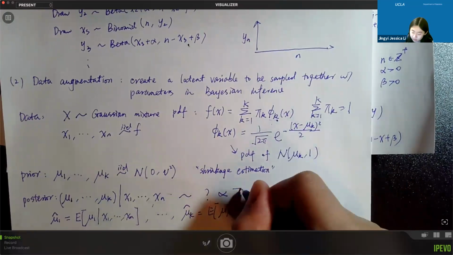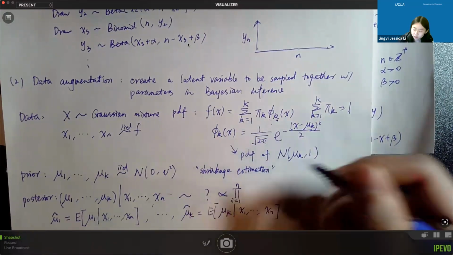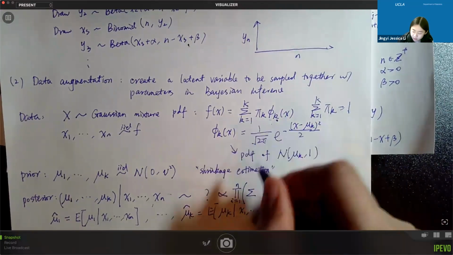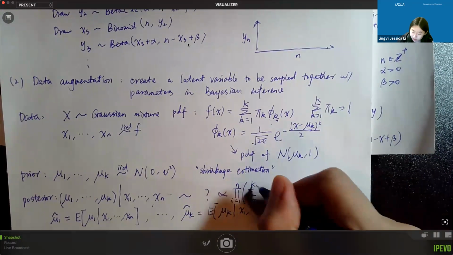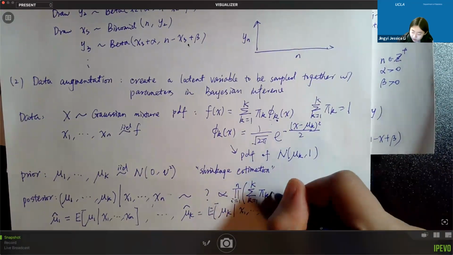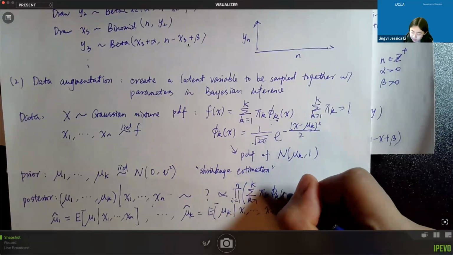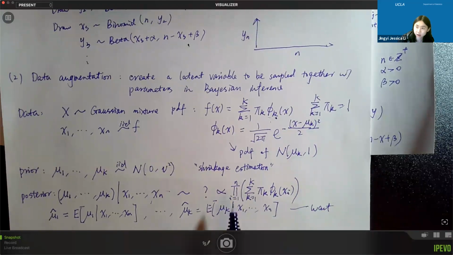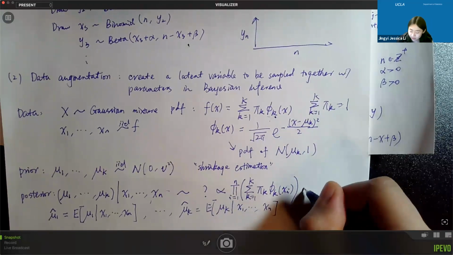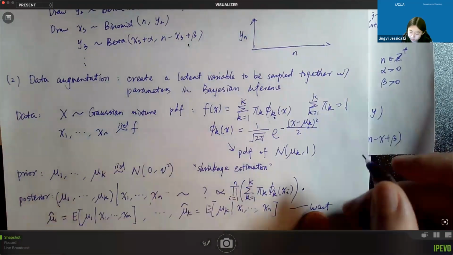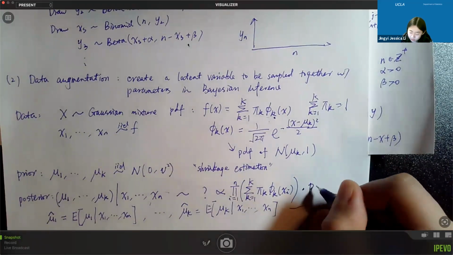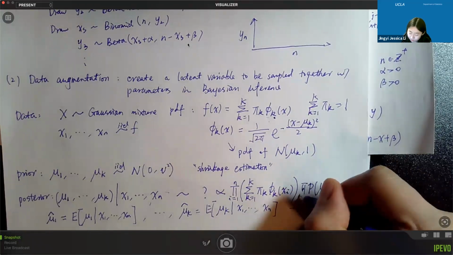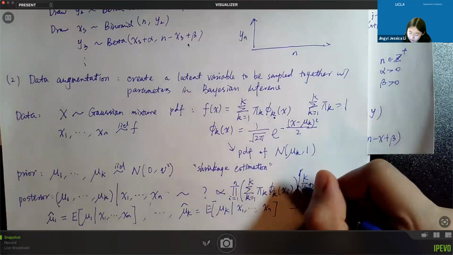The likelihood is going to be the product over i from 1 to n of the sum over k from 1 to capital K of pi k phi k of xi. I have this sum inside the product, and then I multiply this by the joint prior, which I'll write as the product over k from 1 to capital K of p(mu k).